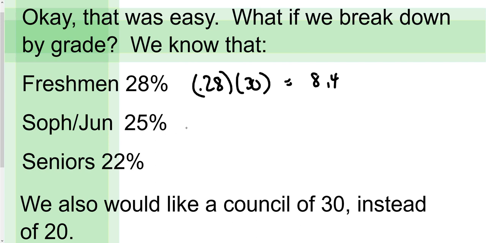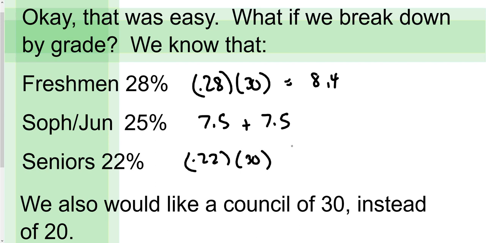These here, 25% of 30, would be 7.5 and 7.5. The seniors, 22% of 30, is 6.6. So what winds up happening in this case is we get decimals.